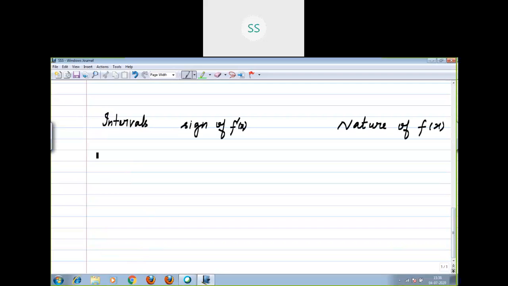Now, your interval is minus infinity to minus 9 by 2, that is nothing but minus 4.5. Now you can assign any value. For minus 4.5, your x can be assigned minus 5. That is possible, right? x is equal to minus 5. What is your f dash of x?